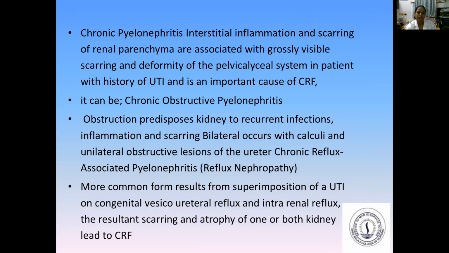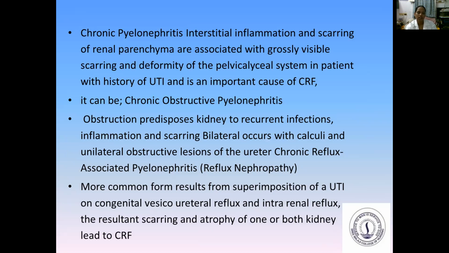So chronic pyelonephritis: interstitial inflammation and scarring of the renal parenchyma are associated with grossly visible scarring and deformity of the pelvicalyceal system in patients with a history of urinary tract infection, and it is an important cause of chronic renal failure. It can be chronic obstructive pyelonephritis, where the obstruction predisposes the kidney to recurrent infections, inflammation, and scarring, bilaterally with calculi and unilateral obstruction lesions of the ureter.